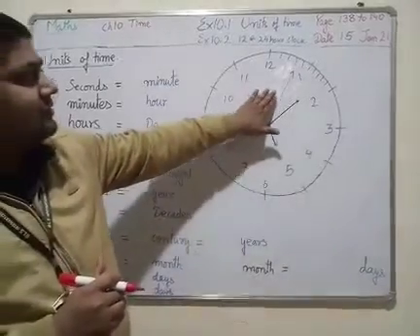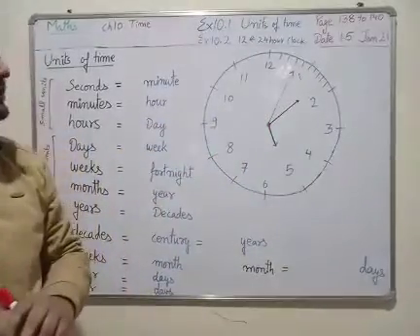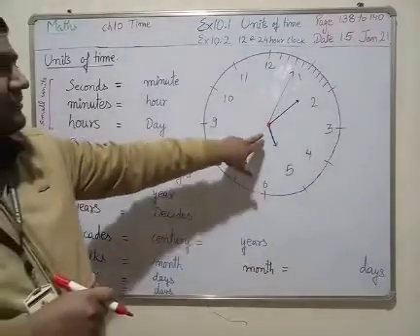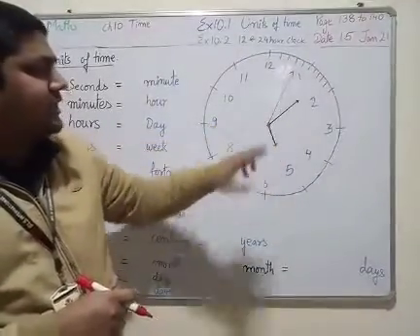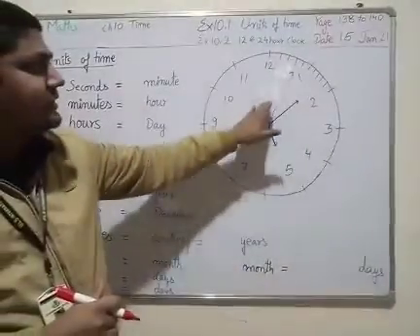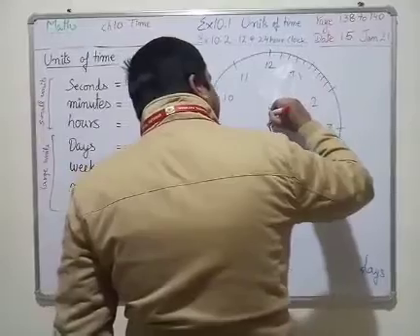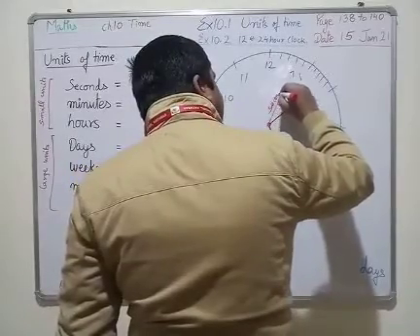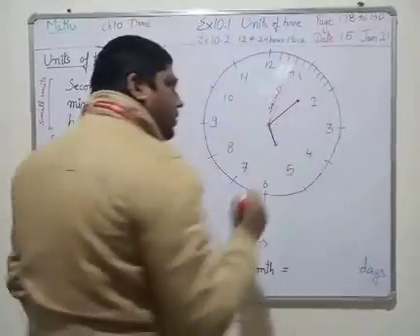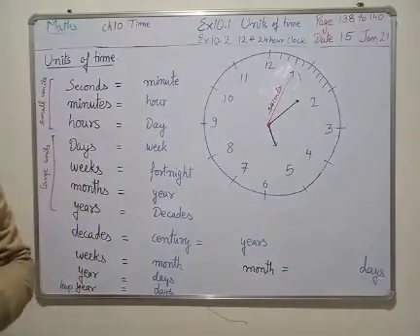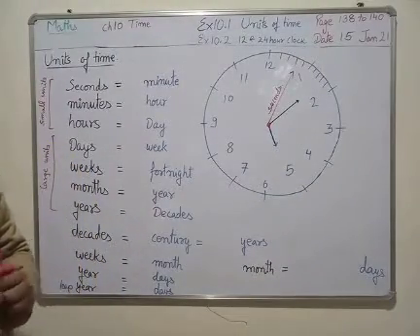Then we also introduced the seconds hand in class 4. In class 3 you have just two hands. In class 4 you also have the seconds hand. I will write, this is a seconds hand. So you have to understand what a second is and what a minute is.